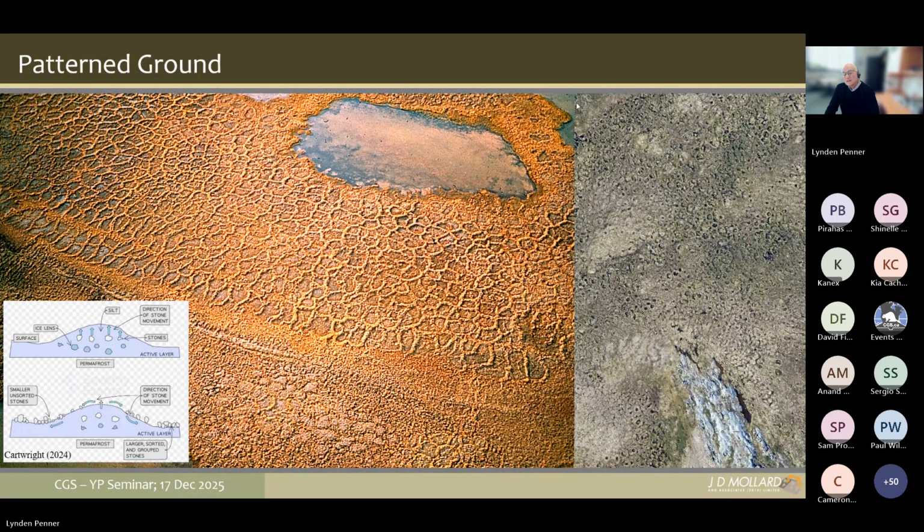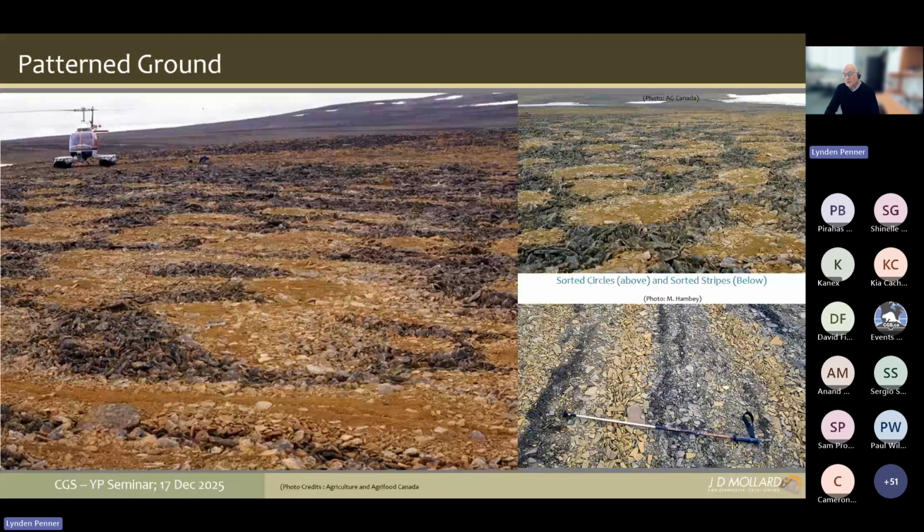In this image you can see, adjacent to it, many of these small circular patterned ground features. On a slope, they may move downslope as well. So instead of remaining in a circular shape, they form these sorted stripes.